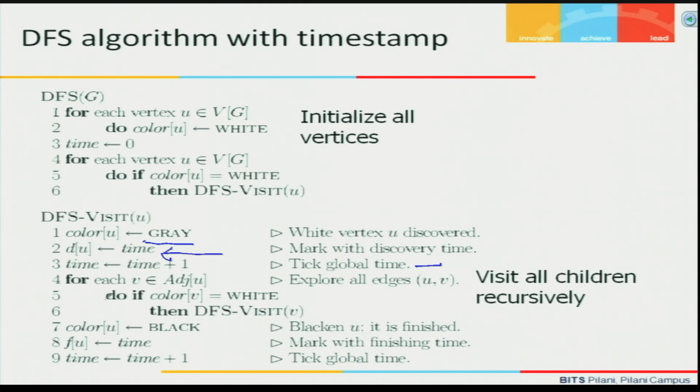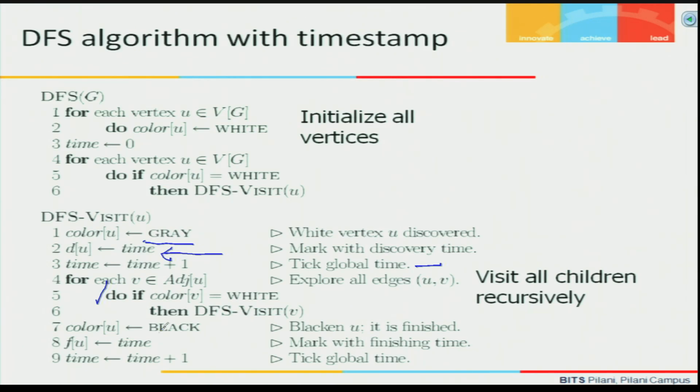If this condition fails, that means if you visit a vertex and see that all its adjacent vertices are either gray, that means they have already been visited, then you have no incident edge on u which has not been traversed. In that case, you have exhausted the adjacency list of the vertex, or there are no more adjacent vertices to be explored.